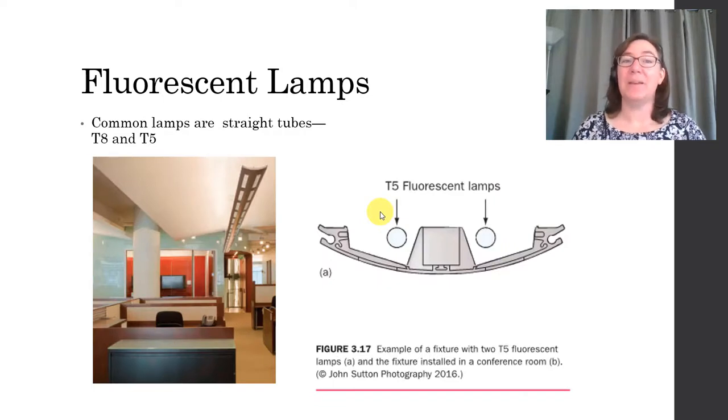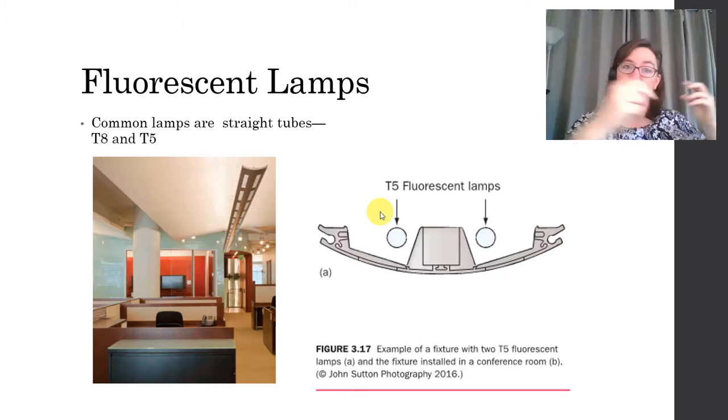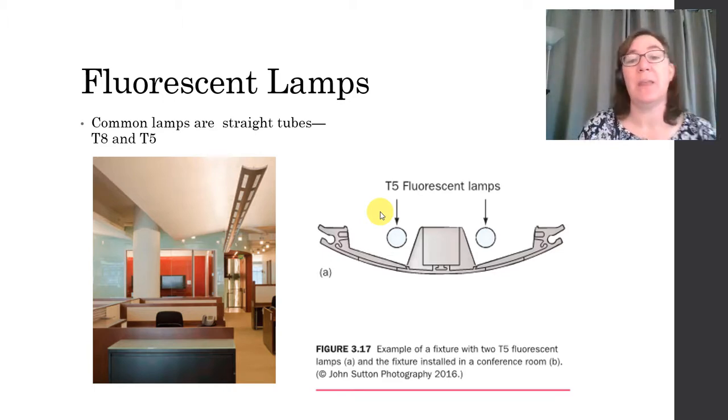The most common fluorescent lamps are the straight tubes, and the T8 and the T5 are probably the most common within that category. So here we have an example of a fluorescent luminaire using T5 fluorescent lamps. They're long and straight, and we're looking at them in cross section.